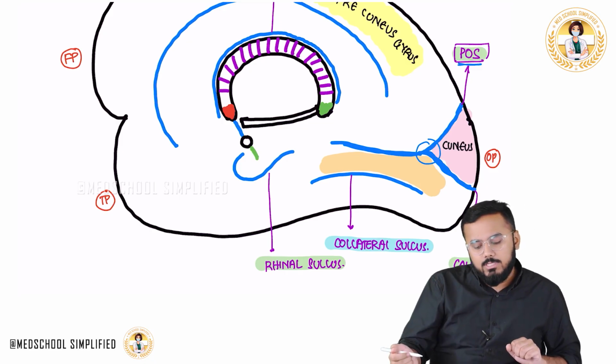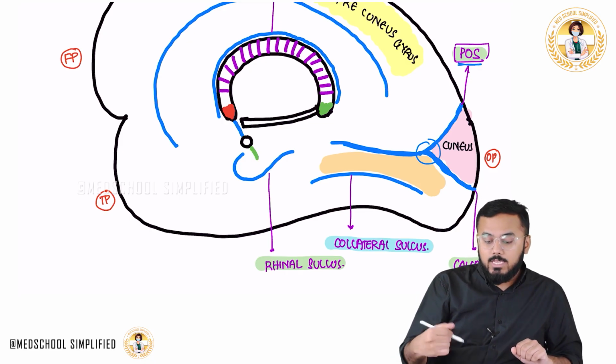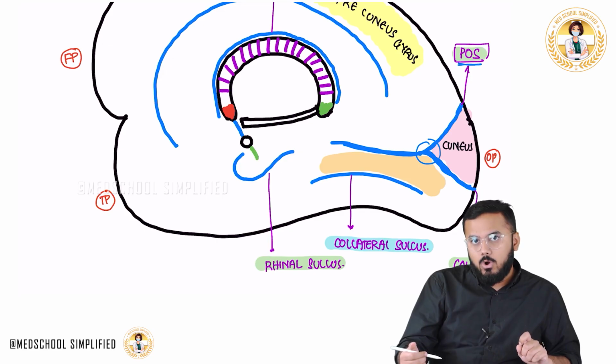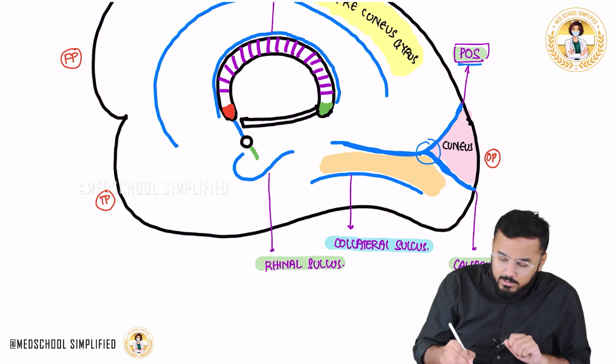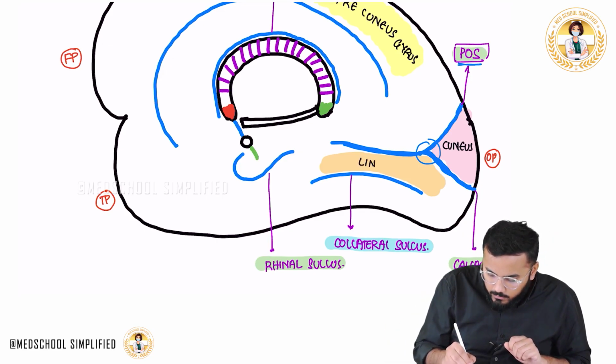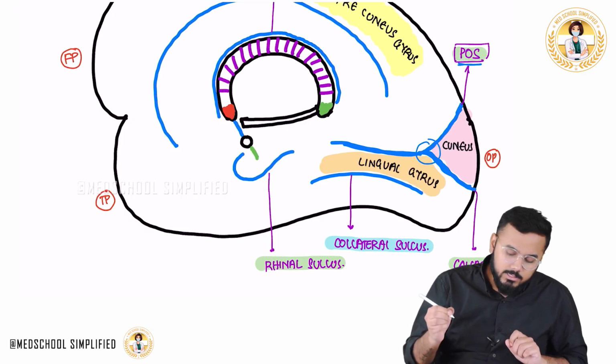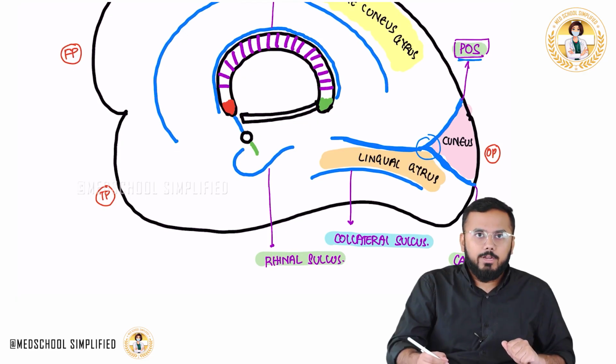So here also you see something like a tongue. This gyrus in the form of a tongue is called the lingual gyrus.